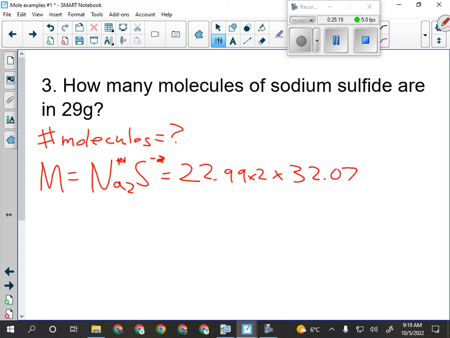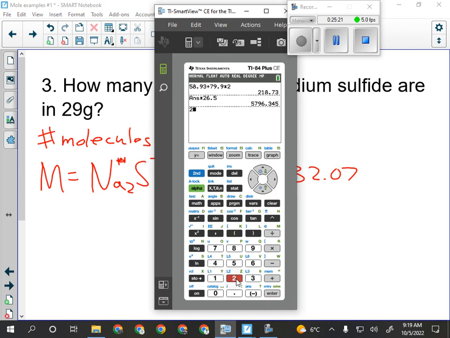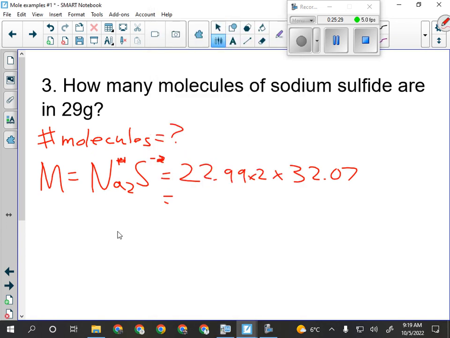So 22.99 times 2 plus 32.07, 78.05 grams per mole. And the other thing they tell me is mass, which is little m, 29 grams. I have little m and big M. What would my next step be?